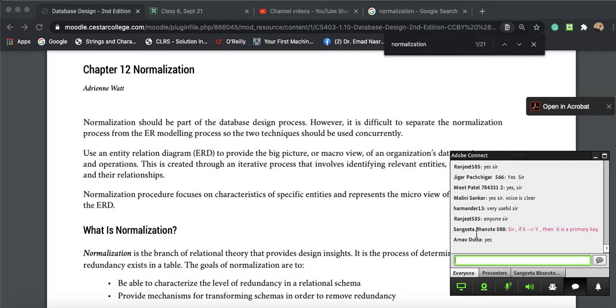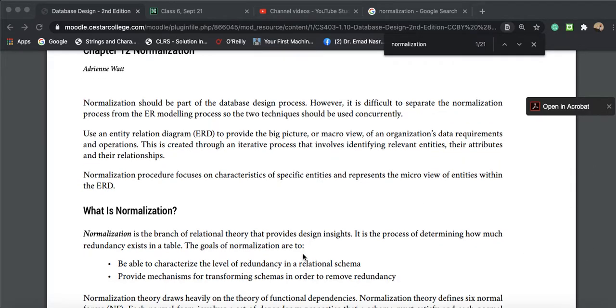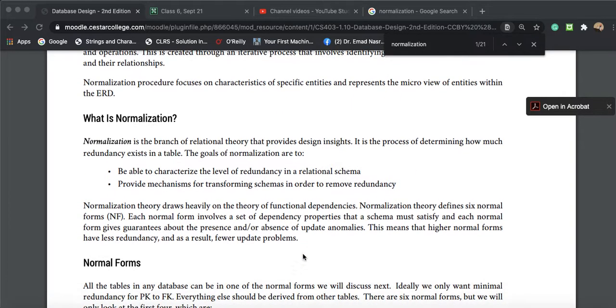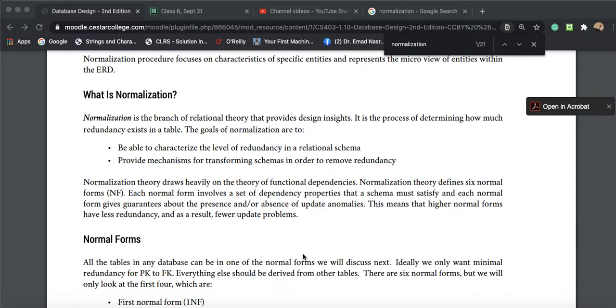How? Let's look down in your book. What does it say? Normalization is the branch of relation theory that provides design insight.